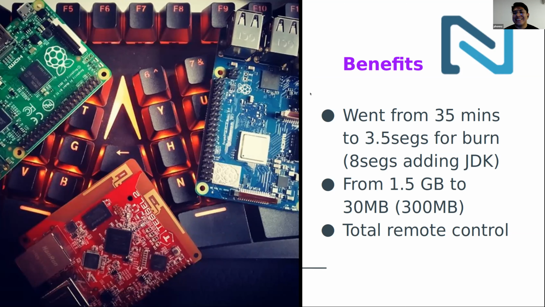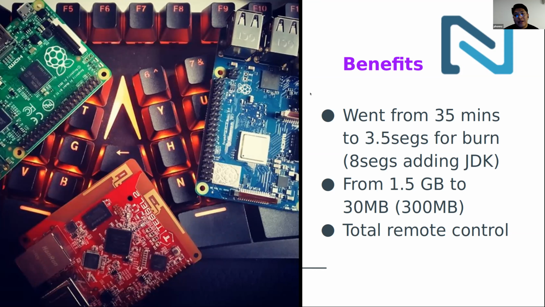It's amazing the difference between a whole operating system against the Buildroot version or the small Linux version. So we were running under 30 megabytes for all our firmware. Now that we have Java inside our firmware, we are at 300 megabytes, but it's not that bad.